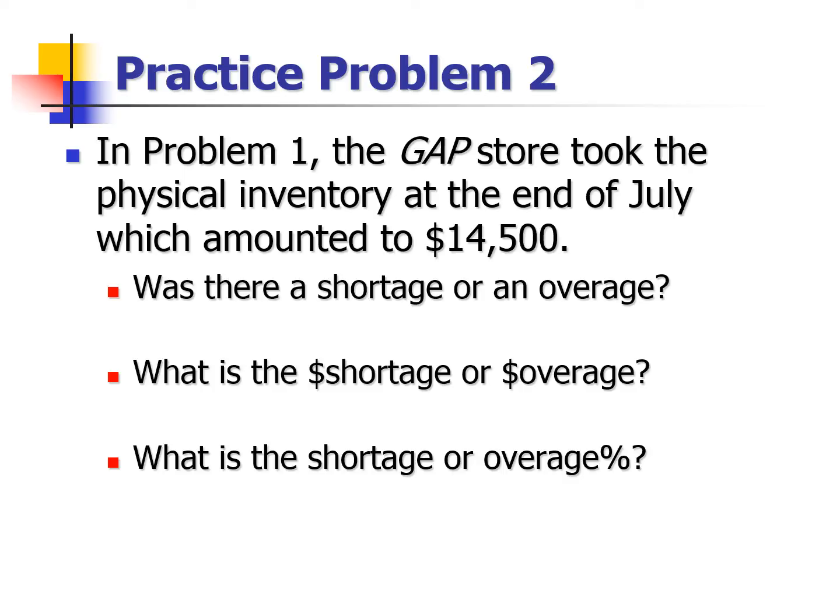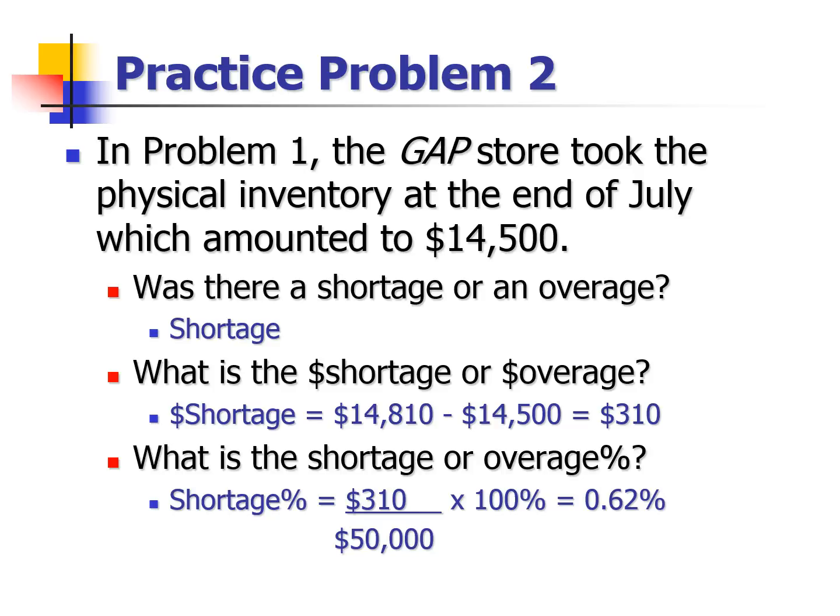Does the store have a shortage or an overage? And if there was a shortage or an overage, what is the dollar amount and what is the percent? Let's figure that out. Let's pause the video here for a second while you're calculating this. It shouldn't take too long.